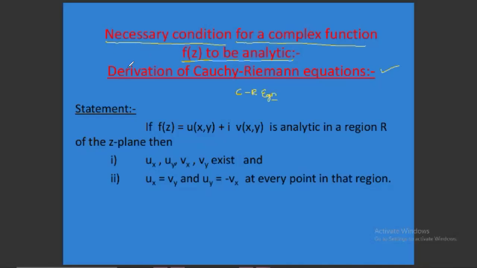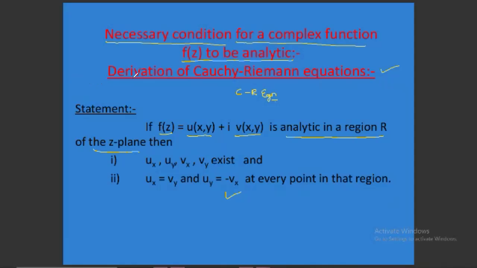This is very important. While discussing in the previous slide by the definition, we can easily say that if f of z satisfies the CR equation, then this function is an analytic function. The statement of the necessary condition: if f of z is equal to u of x comma y plus i into v of x comma y is analytic in a region R of the z plane, then it has partial derivatives for u and v.